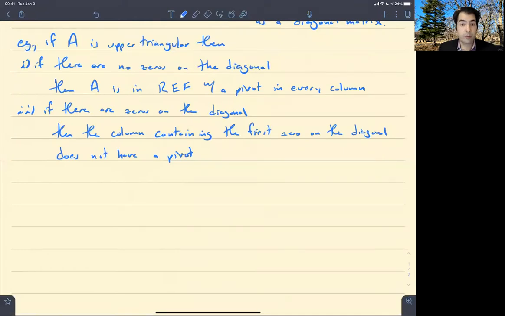That's excellent. And if we want to think about eigenvalues, well, we know that lambda is going to be an eigenvalue when A minus lambda times the identity is not invertible, right? But A minus lambda times the identity is going to also be an upper triangular matrix. And all we're doing is shifting the terms on the diagonal by lambda. That means that we can find the eigenvalues very quickly.